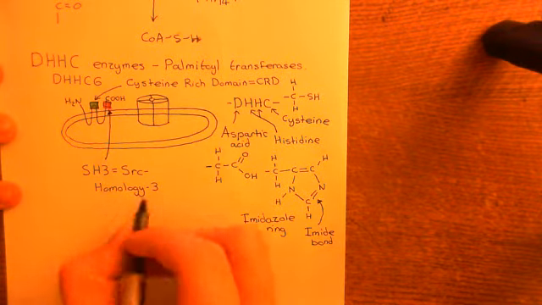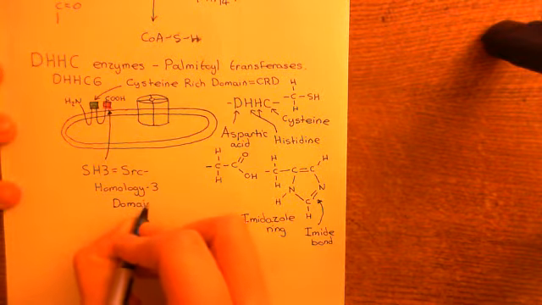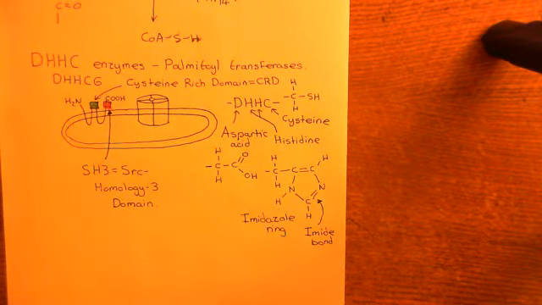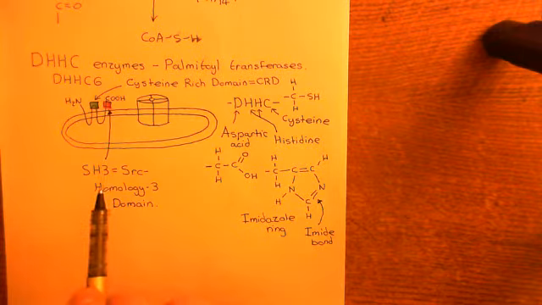This is just a structure within a protein that you find in loads of different proteins, so it's a conserved domain. This SH3 domain is important because it's going to bind to another SH3 domain on another protein.